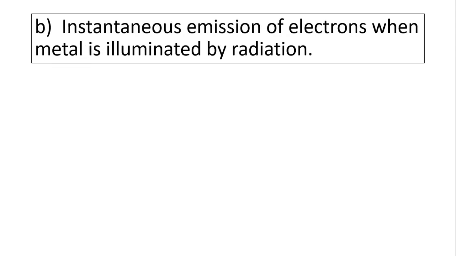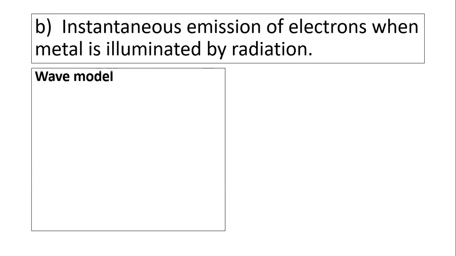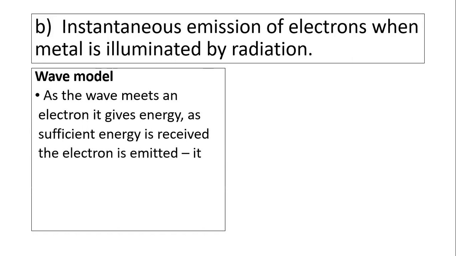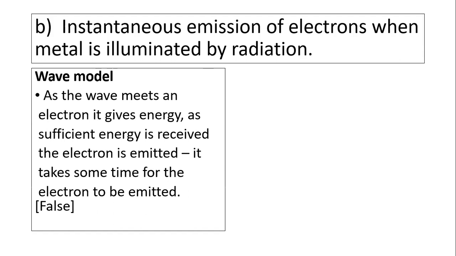Instantaneous emission of electrons when metal is illuminated by radiation. Wave model: as the wave meets an electron, it gives energy. As sufficient energy is received, the electron is emitted. So it takes time for the electron to be emitted, which is false. As soon as you shine radiation, the electron is emitted.